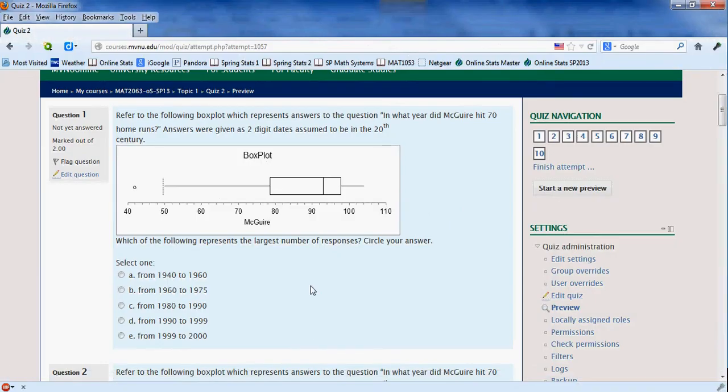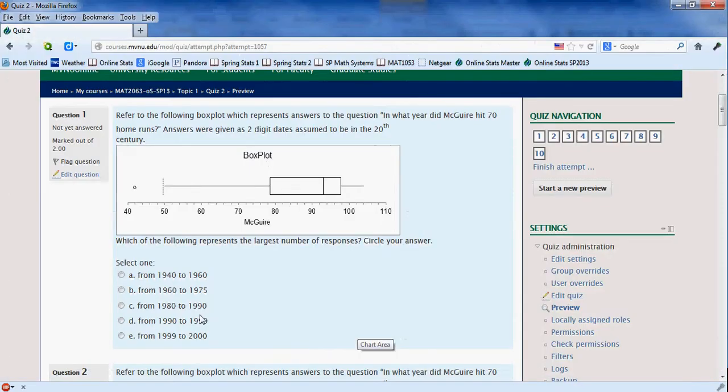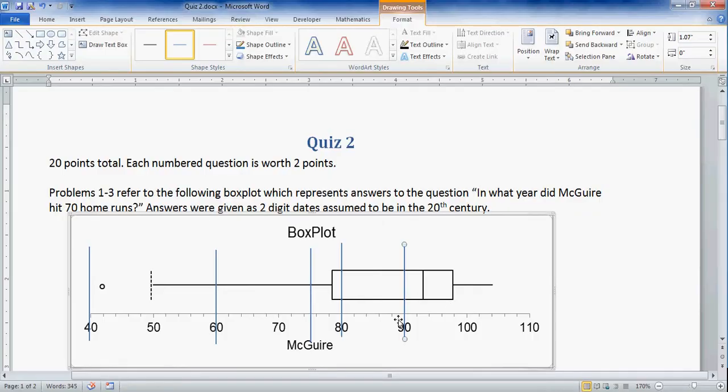From 80 to 90, here's 1980, and here's 1990, and finally, there's two more, 90 to 99, that's about where 99 is, and then 99 to 2000.